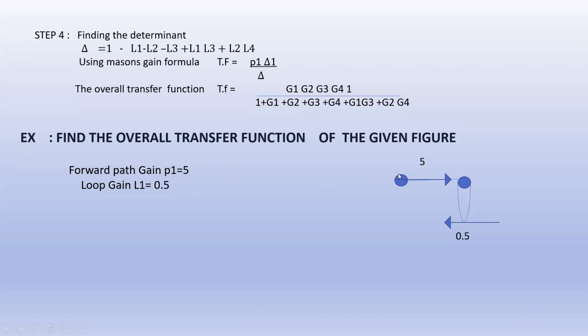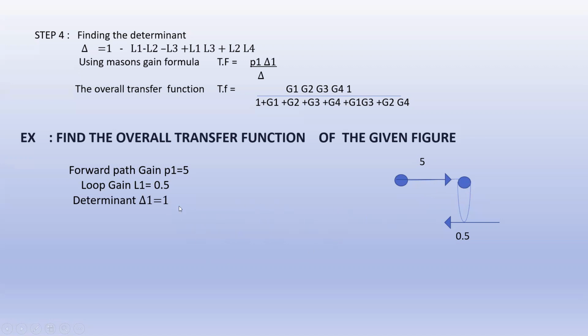We have to delete this forward path. If we delete this forward path, P1 equal to 5, there is nothing left in this signal flow graph. Whenever the path is isolated and no loops are left, we have this determinant equal to 1. So del 1 equal to 1 minus 0, that is 1 only.